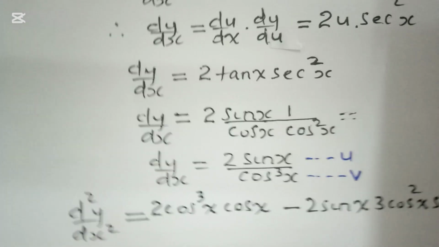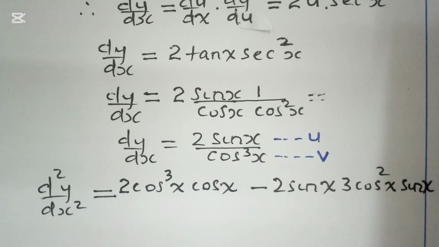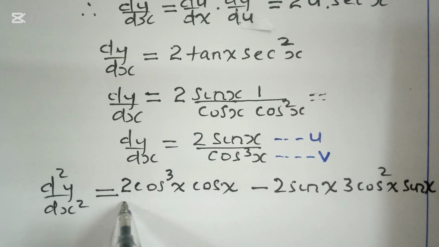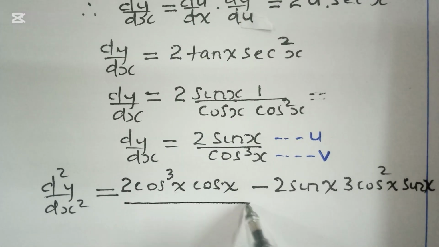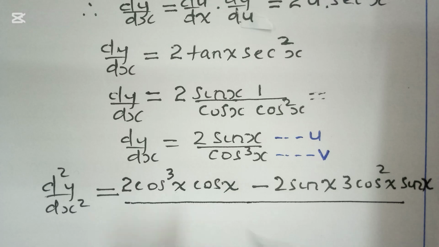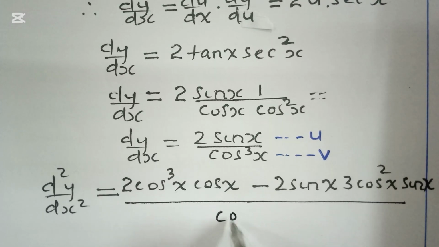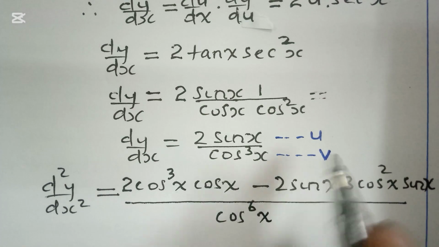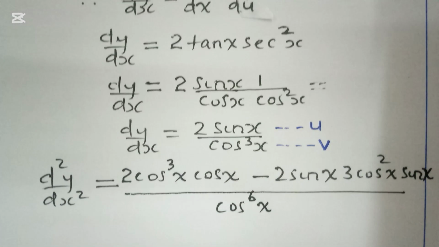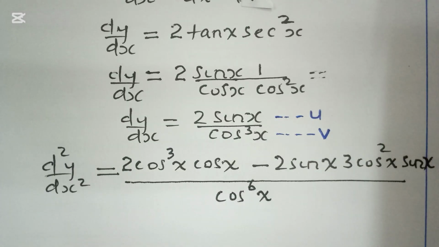And so from there, guys, we shall now put that line so that now we have cos to the power 6 x, that is v squared. So from there we continue.